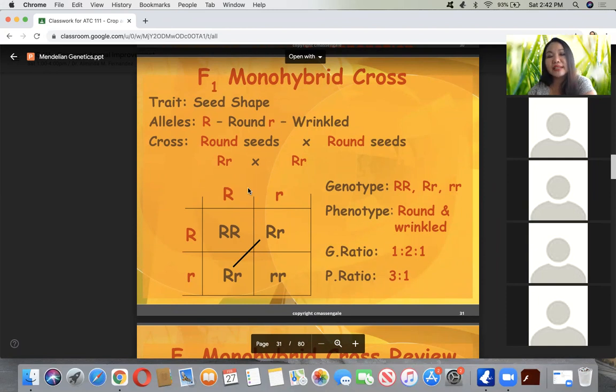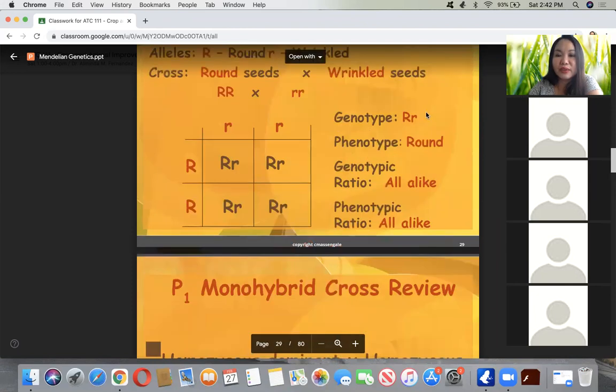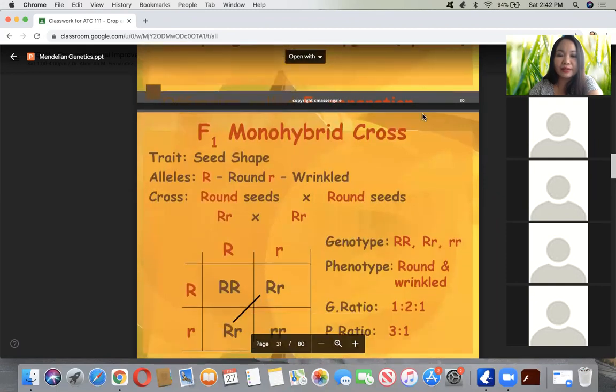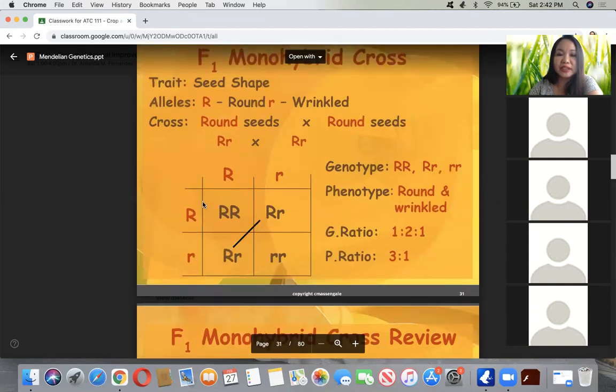So, if you are in the second or first filial generation, you use the RR. This is now the result of the parental generation. So, you pair these. So, in the first filial generation, pair the two. Since big letter R is round and small letter r is wrinkled, when it is R it is round, no longer wrinkled, because the small letter is recessive.